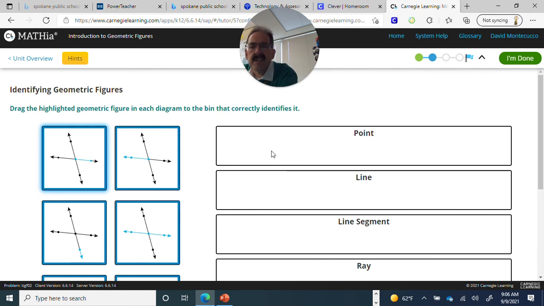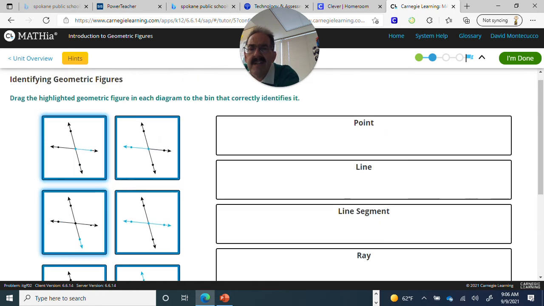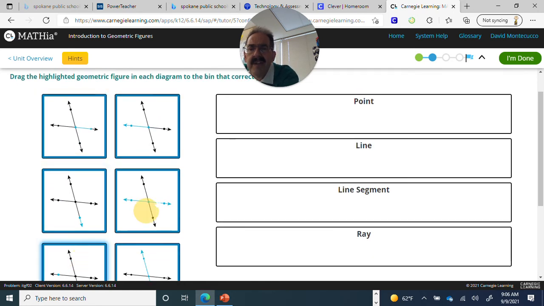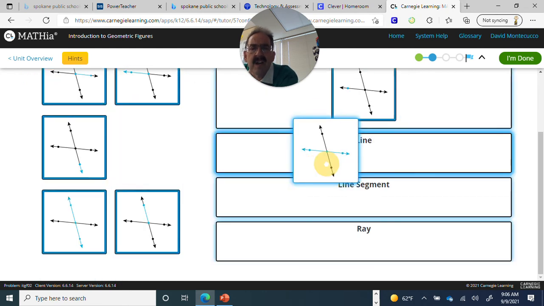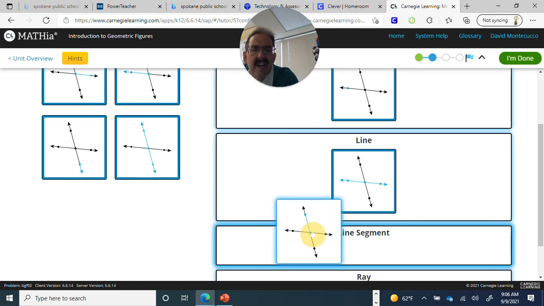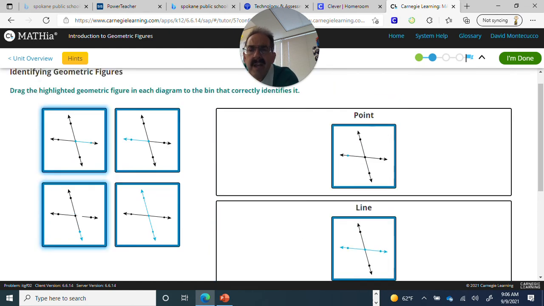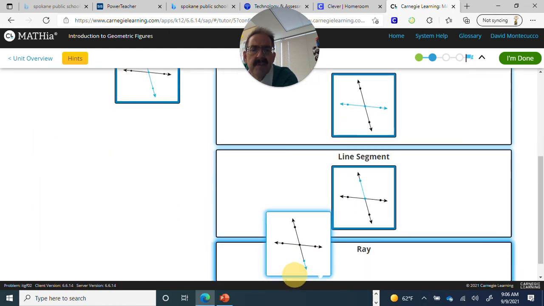So a point. Is there one with just a dot? There it is. So I'm going to try to drag this to the point. A line goes on forever. A segment, dot, dot. A ray, that's a ray. See, some of these are a little difficult to drag and drop.